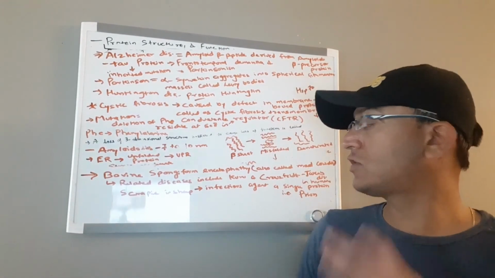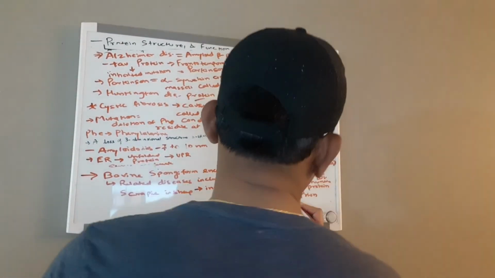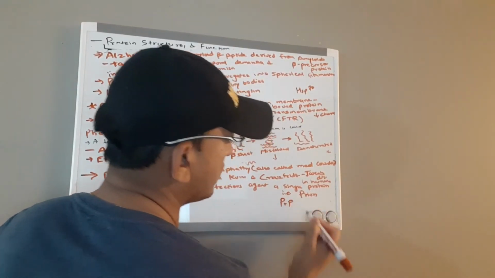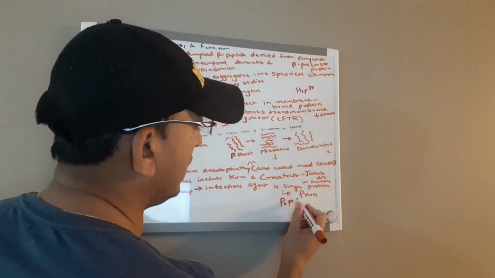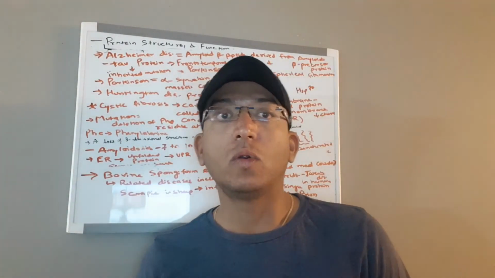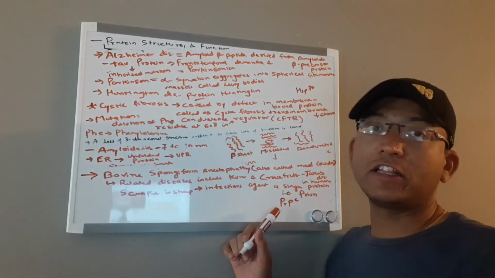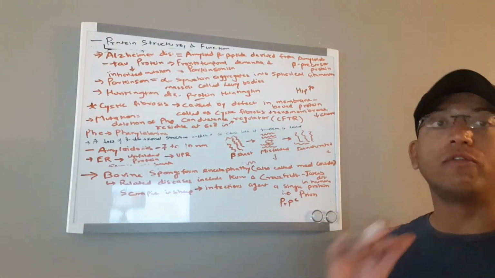Strains of mice lacking the gene for this PrP, also written PrPC for the cellular prion protein, suffer no obvious ill effects.